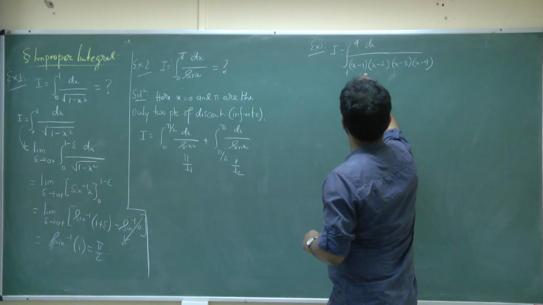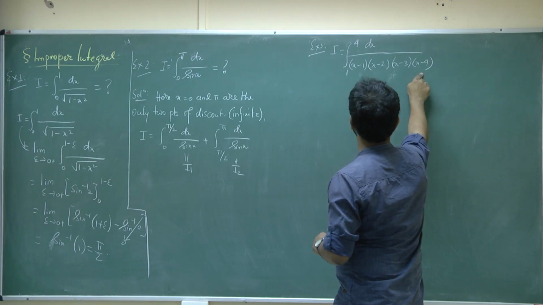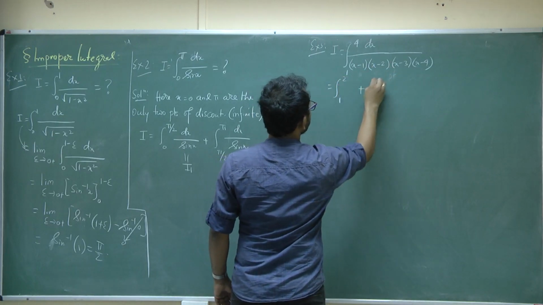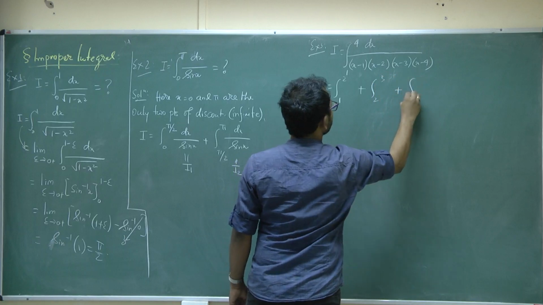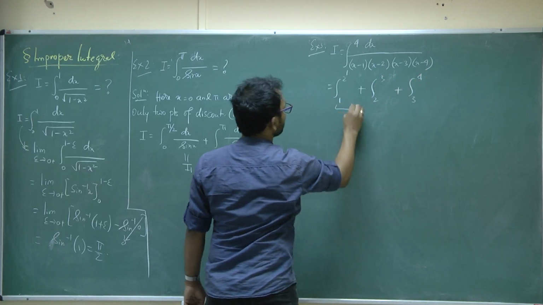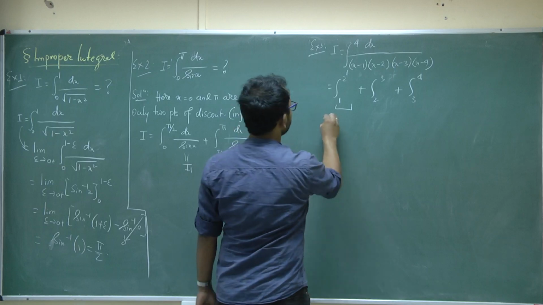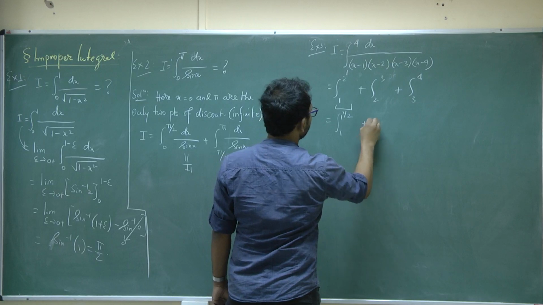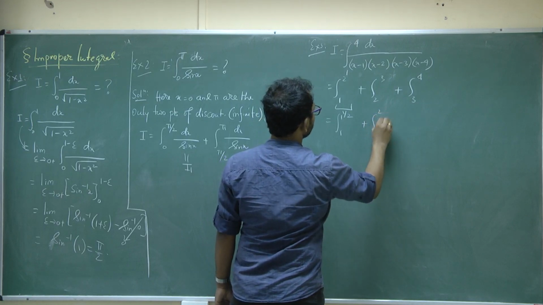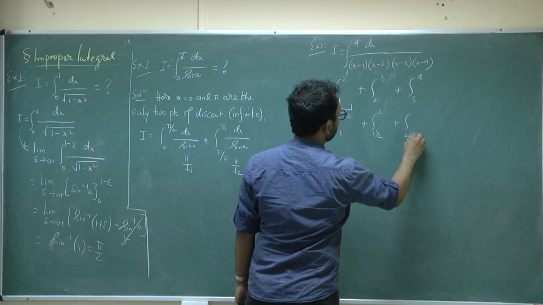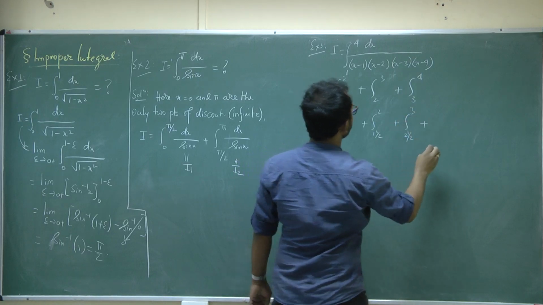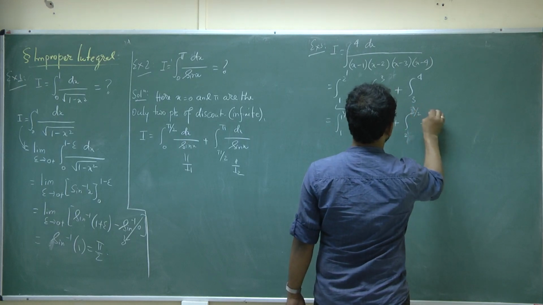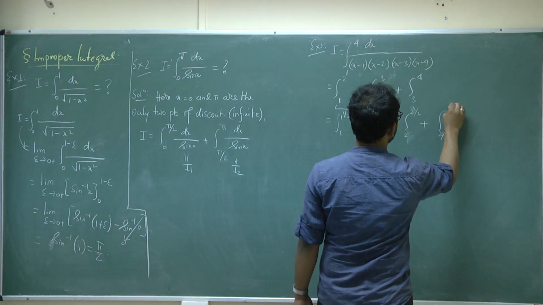so 1 to 2, then 2 to 3, and then 3 to 4, and so this can be written as 1 to 2 plus 2 to 3 plus 3 to 4, and then each one of them can be divided into another subintegral. Like 1 to 1.5, and then 1.5 to 2, then 2 to 2.5, then 2.5 to 3, and so on.